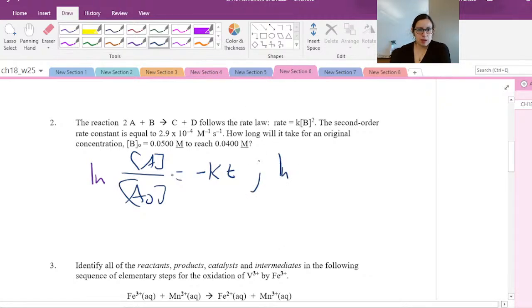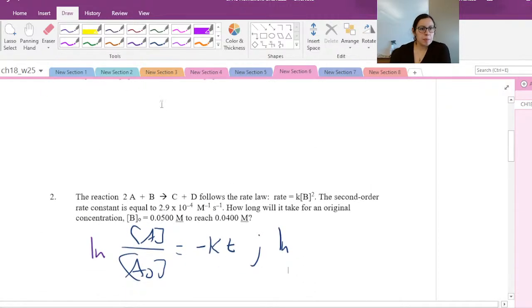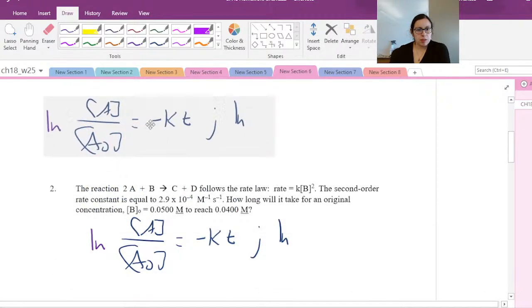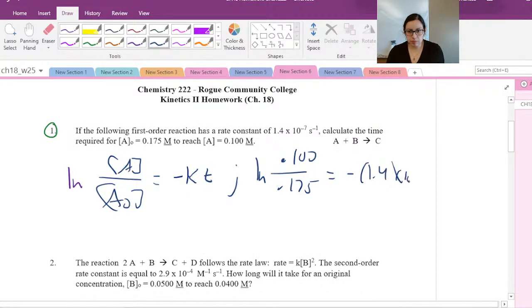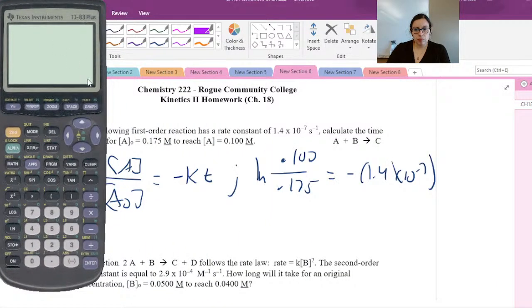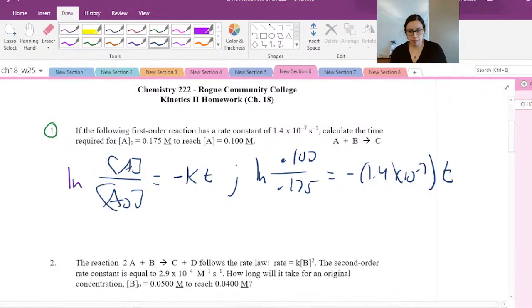And then plug in. We're trying to solve for t, given k, so I should put t here to make that clear.